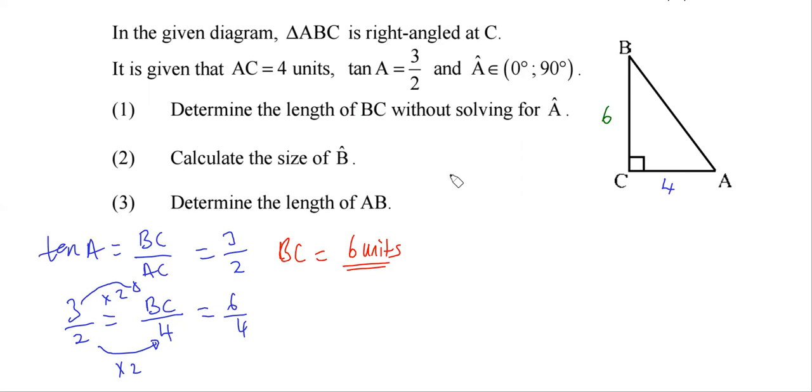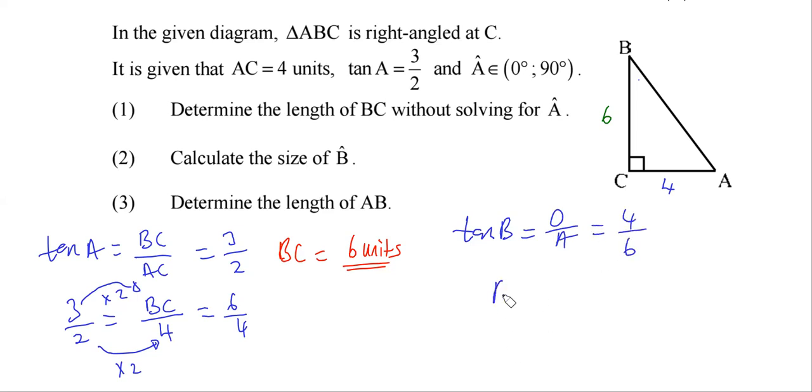Now we come back and say we are looking for B, which is an angle. When you look at B, what is given in respect to B is opposite and adjacent, so we're going to use tan, because tan is the one that uses both of them. So tan B is equal to opposite over adjacent, which is 4 over 6.